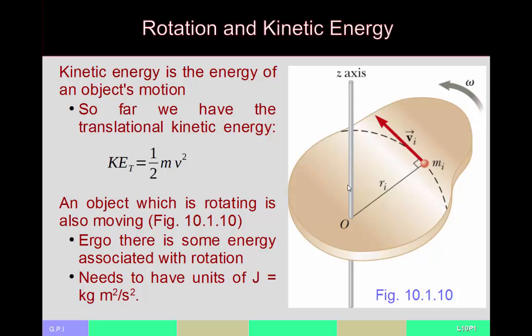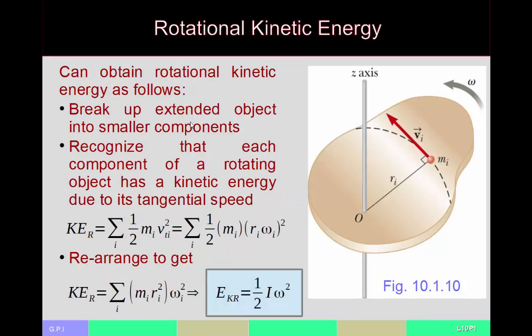One way you can get the rotational kinetic energy is as follows. You have an extended object which can be broken up into point particles. Each point has a rotation that follows the rotation of the whole. So if the whole thing is rotating with a speed of omega, then this particle is rotating with an angular speed of omega.